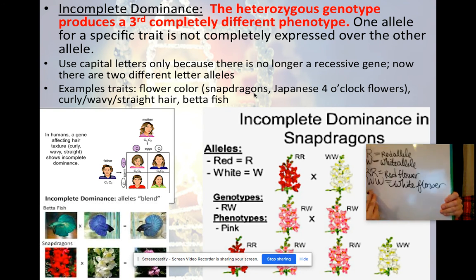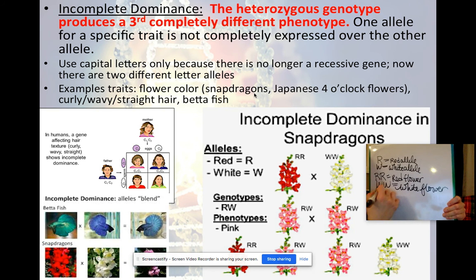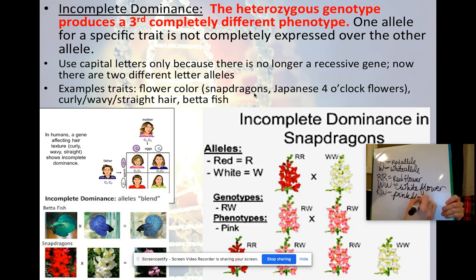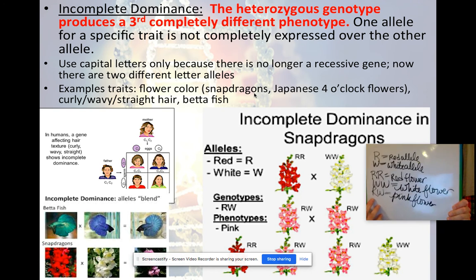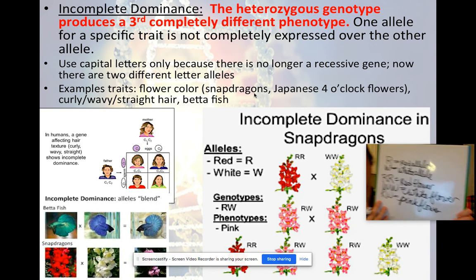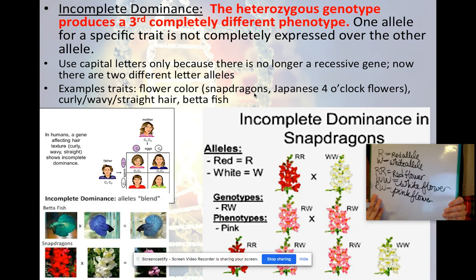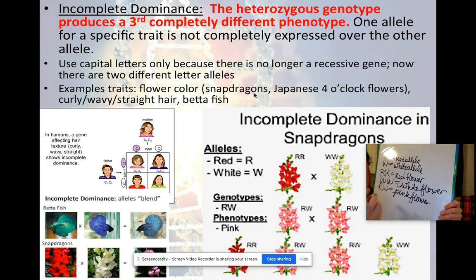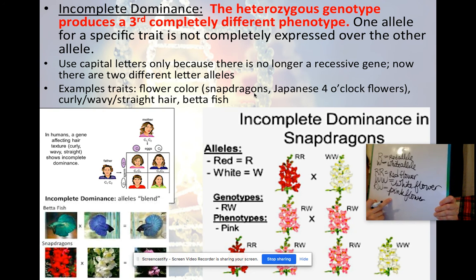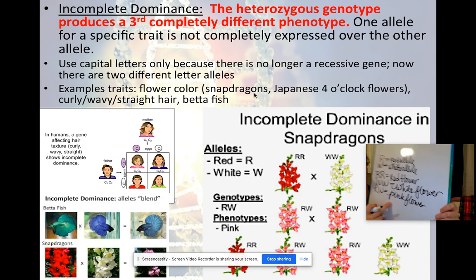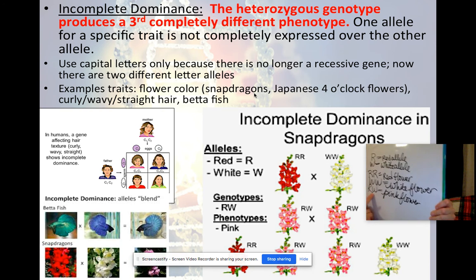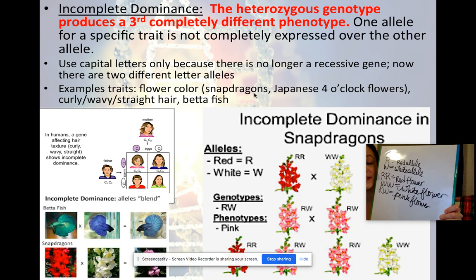And if there is an R and a W, that would be a pink flower. So that's how that works. With the first pattern that we were talking about, codominance, if we said this was red and that was white, then RW would be a red and white flower. But with incomplete dominance, when we have red and white, it actually blends to make pink.